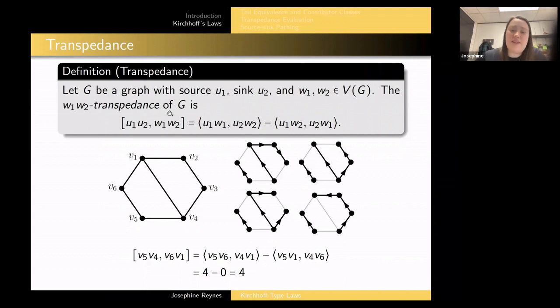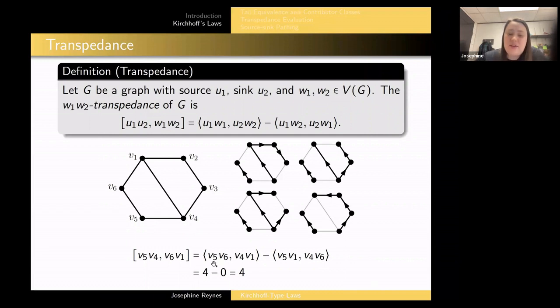What this is really saying is that this transpedance value is the number of 2-arborescences with component U1 containing W1 and U2 containing W2, minus the number of 2-arborescences where we have component U1 containing W2 and U2 containing W1.